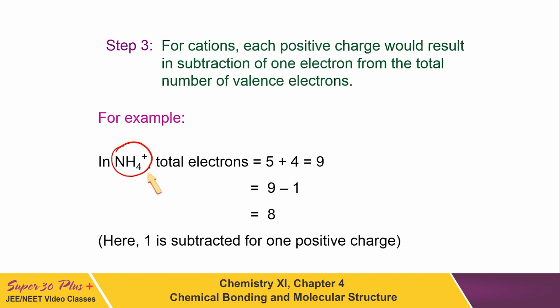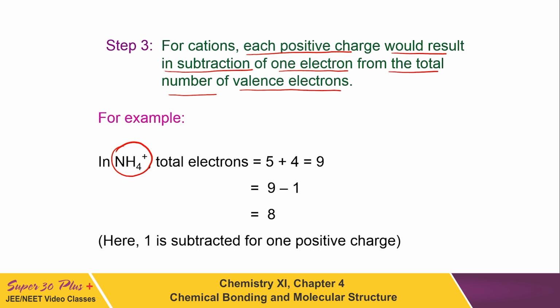If it is carrying a positive charge, then you have to subtract the same number of electrons as the positive charge. So for a cation, each positive charge would result in subtraction of 1 electron from the total number of valence electrons. So whatever the number of valence electrons, 1 electron will be removed for each positive charge.